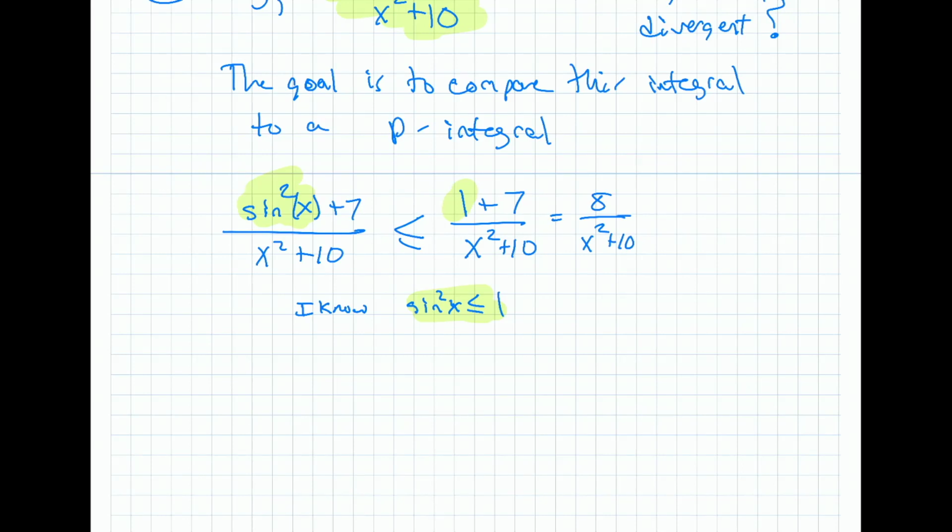But then, what if I just drop off the 10? How does x squared compare? What did we do from here to here? I made the denominator smaller, right?